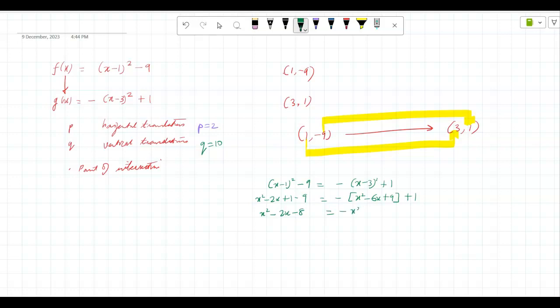This is minus x square plus 6x minus 9 plus 1, which is minus x square plus 6x minus 8. So minus 8 and minus 8 will cancel off. So 2x square minus 8x is equal to 0. Take 2x common, x minus 4 is equal to 0. So x is equal to 0 or x is equal to 4.